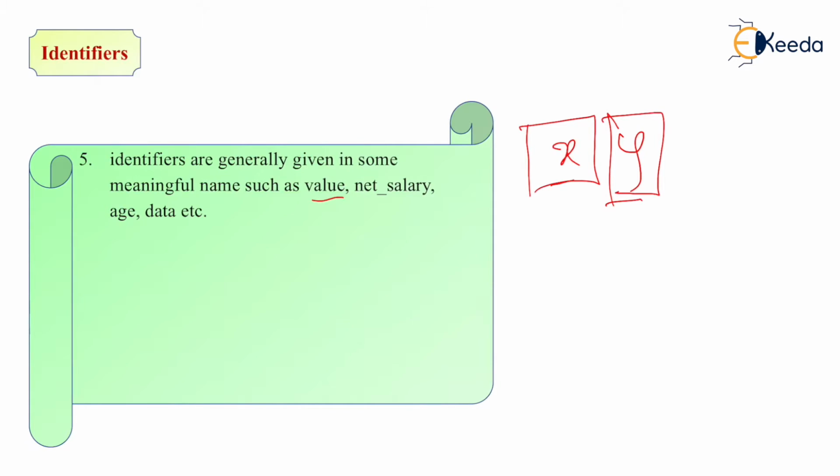For example, value means you have to provide some digit. Net salary, you understand that the value will be an amount in rupees. Age, you also understand it is in an age format, years. Data means a particular data you are providing, that is information.